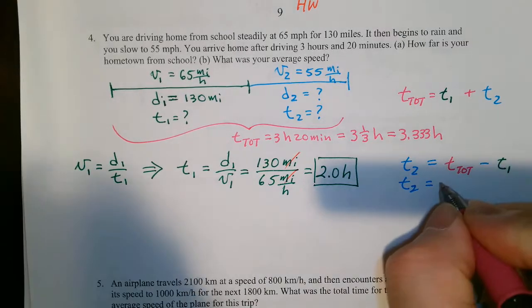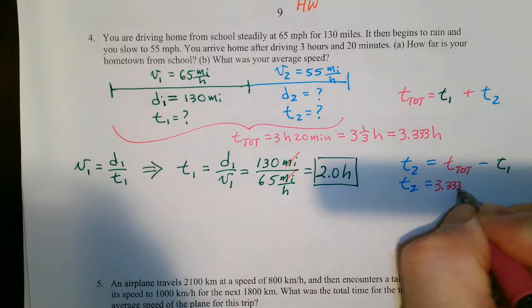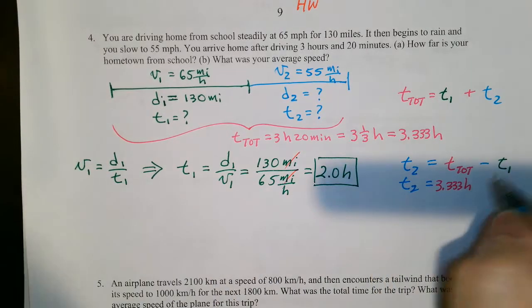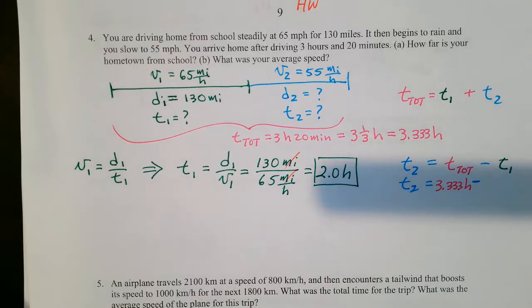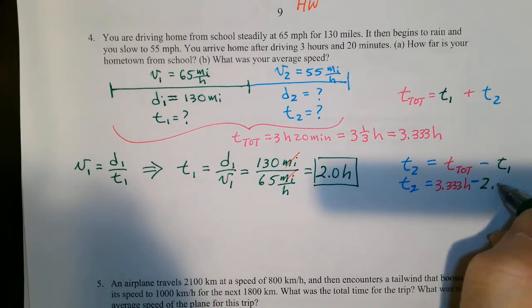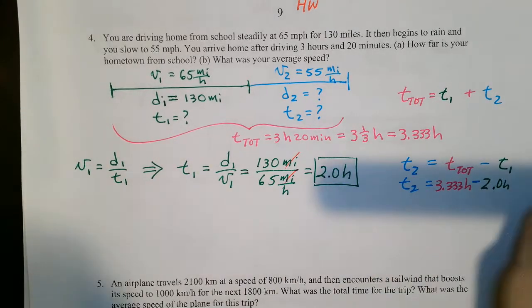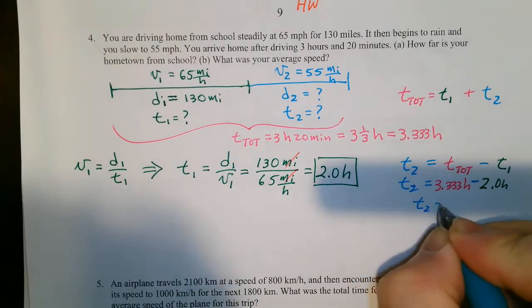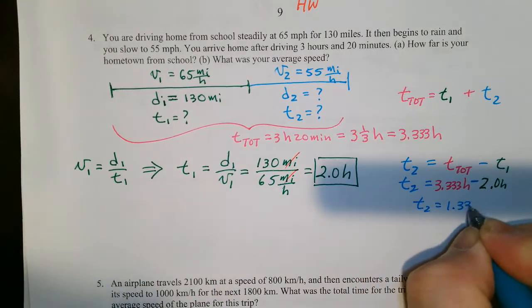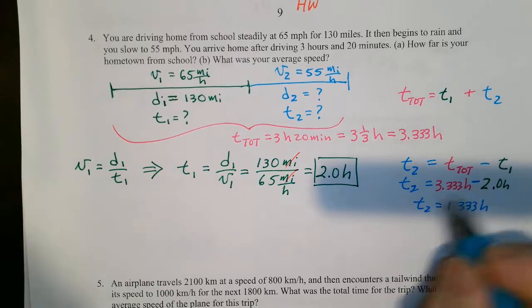All right? So 3.333 hours minus 2 hours is equal to 1.333 hours.